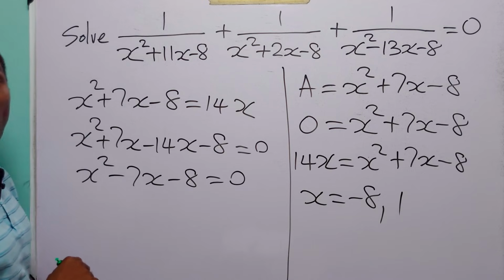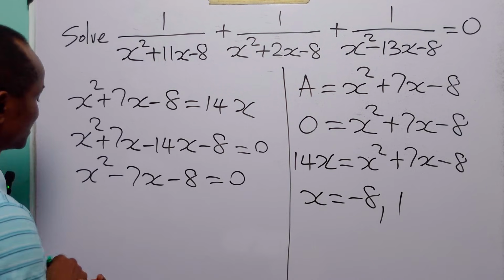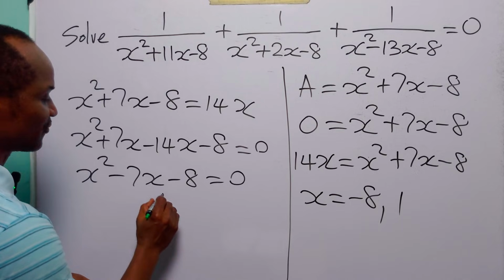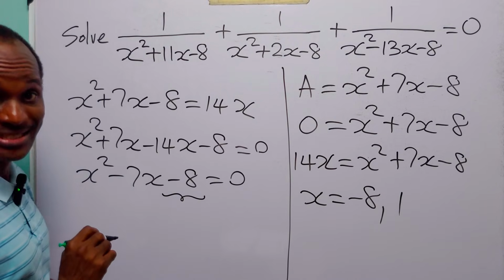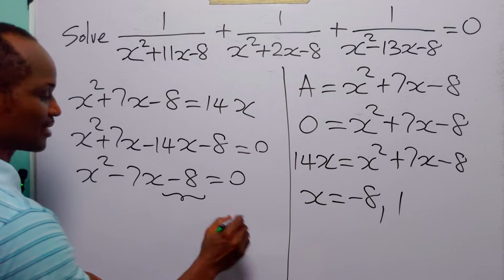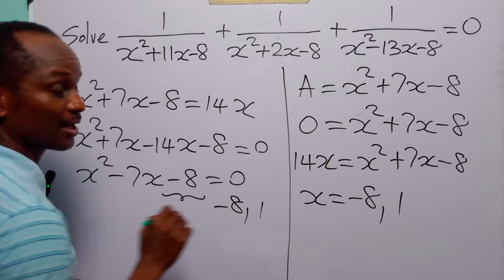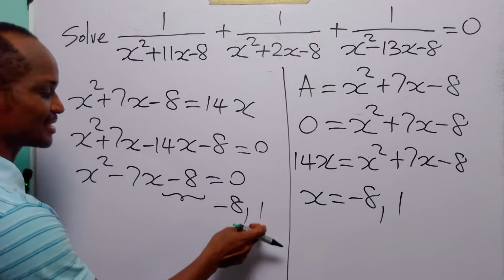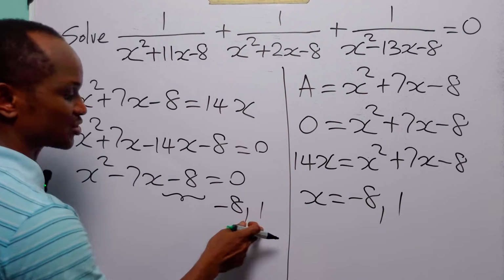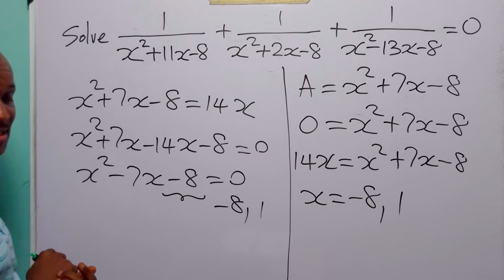Now, we can solve this quadratic equation by factorization. Since the coefficient of x squared is 1, all we have to do is to find the factors of minus 8 that add up to minus 7. And those are going to be minus 8 and 1, because minus 8 times 1 is going to give us minus 8, while minus 8 plus 1 is going to give us minus 7.